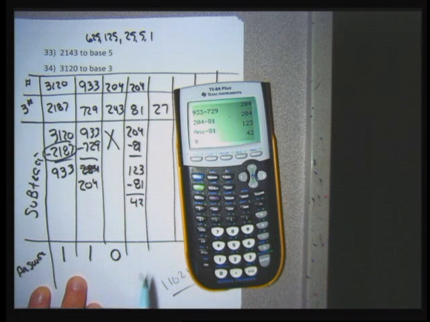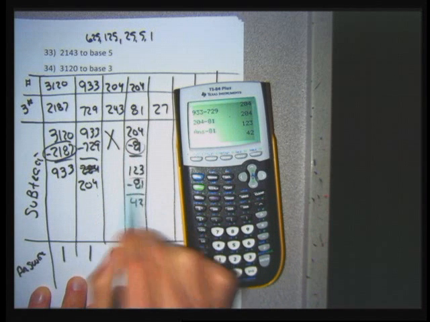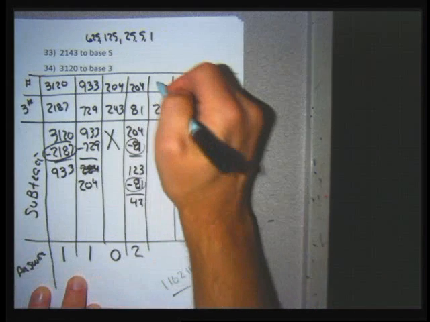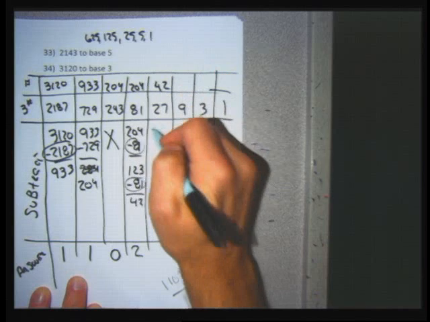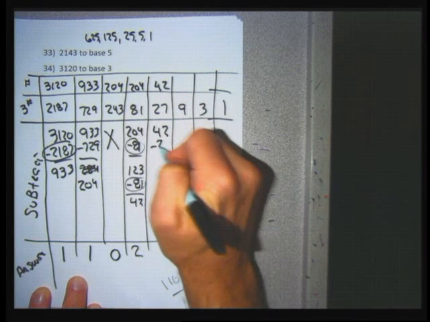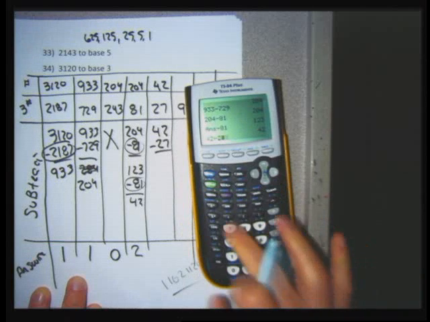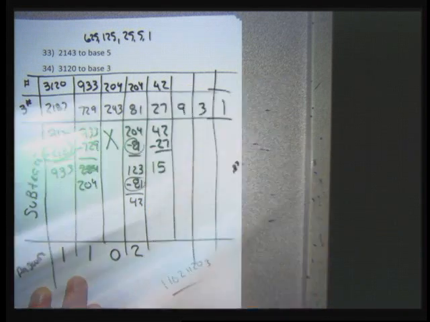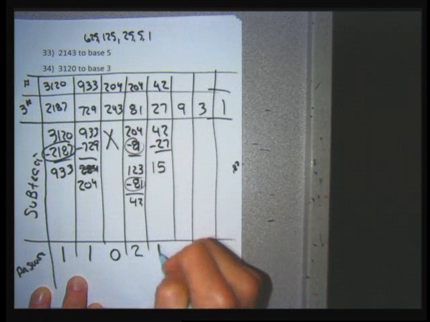Done subtracting the 81. Put a 2 up here. Bring my 42 over. Now I'm going to go 42 minus 27 and get 15. That's as much as I could subtract. I get a 1 down.